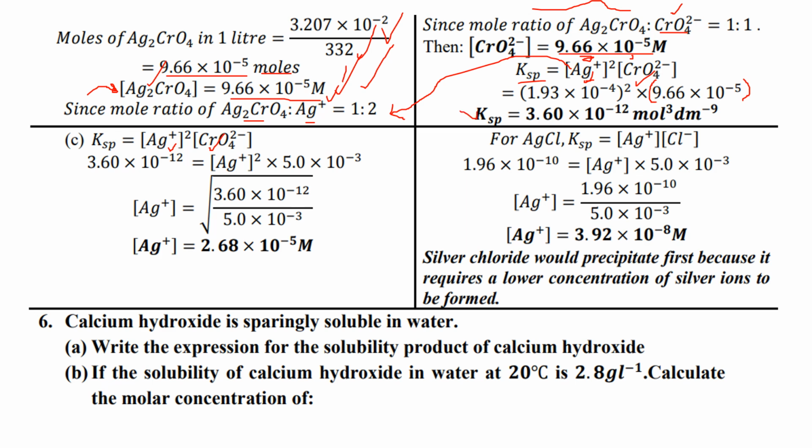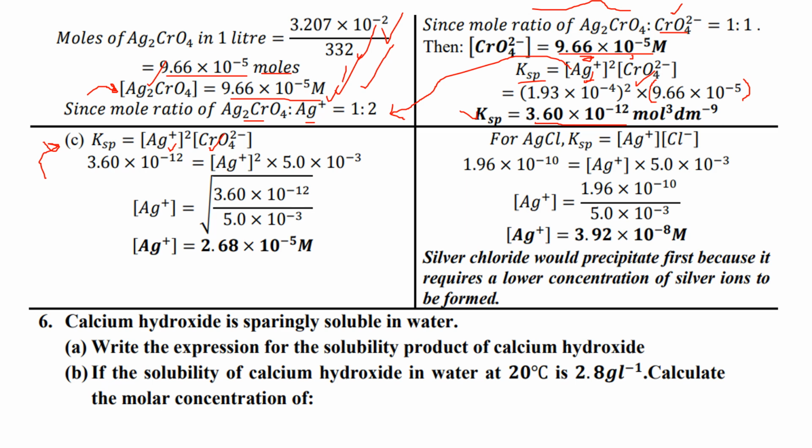Putting everything in the calculator, you're going to end up with your final answer to be 3.60 × 10^-12 mol per decimeter cubed, decimeter per -9.